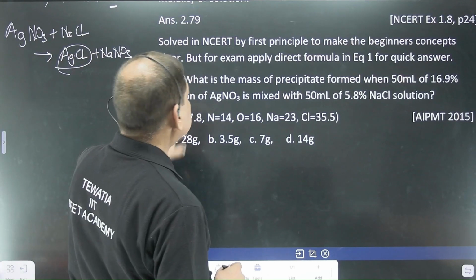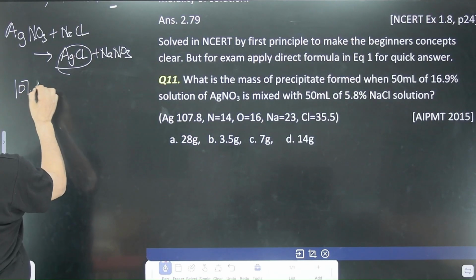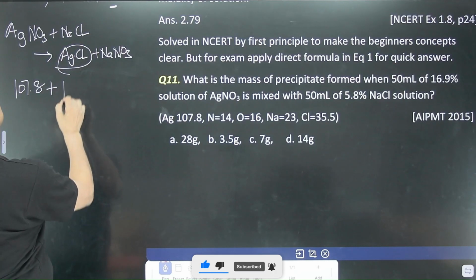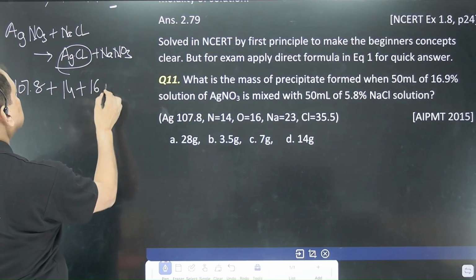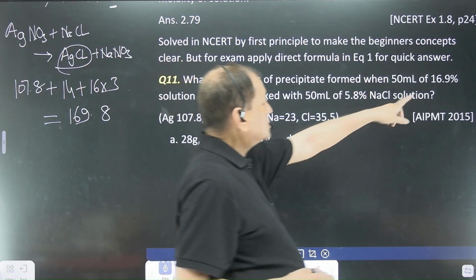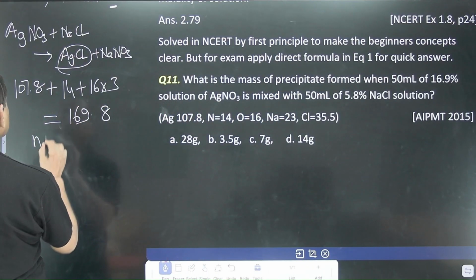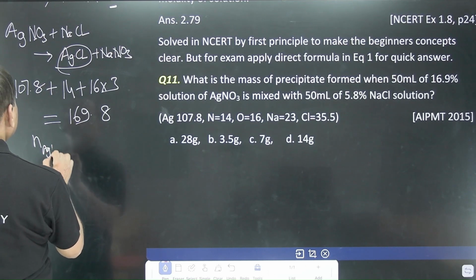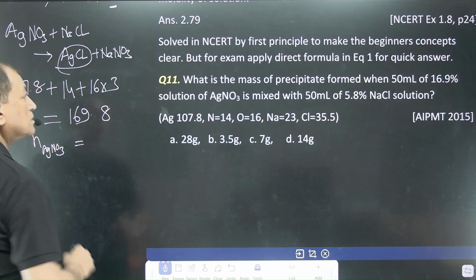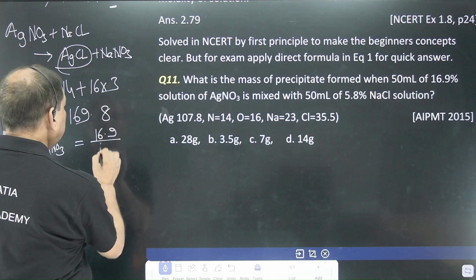So the molecular weight of the silver nitrate, if we add all this, Ag is 107.8 plus NO3, N is 14, 16 into 3, how much? So this 16.9%, 16.9% number of moles of AgNO3. 16.9 grams are in 100.